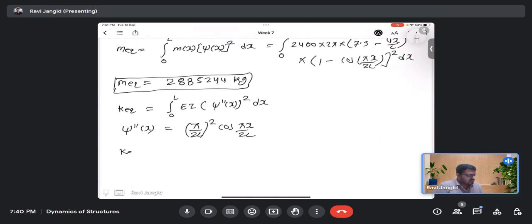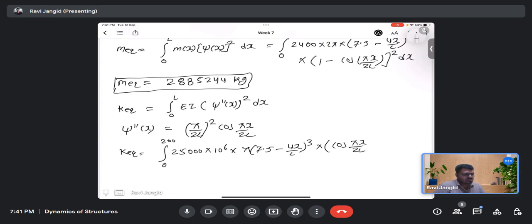So if you put k equivalent in this, 0 to 200, E is given as 25,000 into 10 raised to power 6, I we have calculated as pi into 7.5 minus 4x by L cube, and that is your cos pi x by 2L square into pi by 2L power 4 into dx.